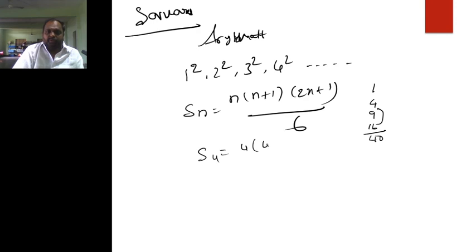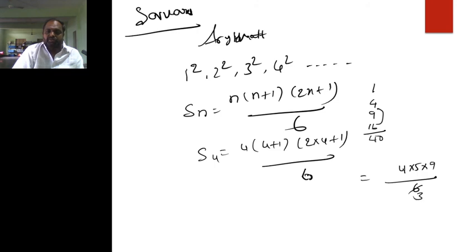Using the formula for 4 terms, 4 into 4 plus 1 into 2 into 4 plus 1 by 6. That is equal to 4 into 5 into 2 fours are 8, 8 plus 1, 9 by 6.